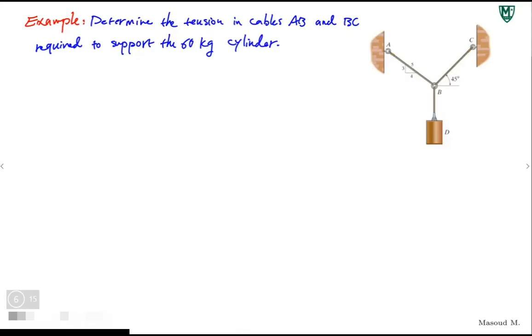So what I need to know is that I want to find the force in these cables, cable AB and cable BC. Now we know it's in a static equilibrium. Which part do you suggest I draw the free body diagram for? Which part of this system?